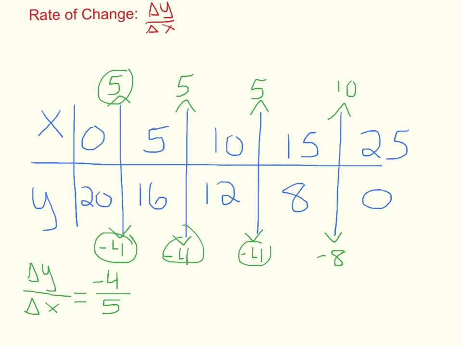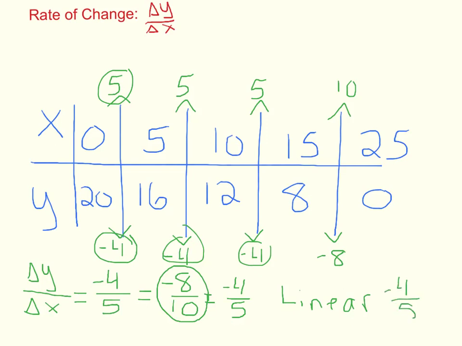And then we have negative 8 divided by 10, which looks different, but if you reduce that fraction, you're back to negative 4/5. So even though this looks different, it is actually the same rate of change. So this is a linear function with the rate of change of negative 4/5.